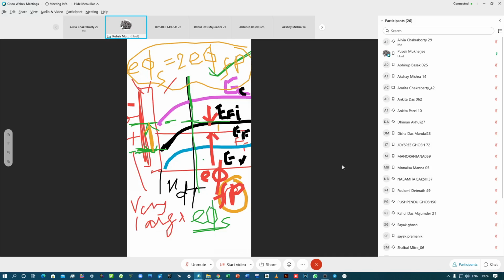We say that it is the threshold inversion point.